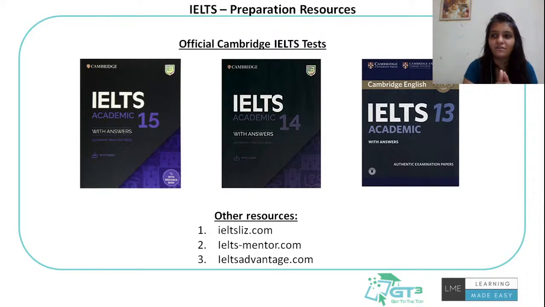At the start we have the easy level of mock, then the hard level, and we try to give people more complexity in the questions, so that if hard tests are given in the exam, they can easily crack the exams. We provide sufficient materials once they enroll with us, and we provide guidance on what you can do next if the test is hard. So these are the resources that you can use.